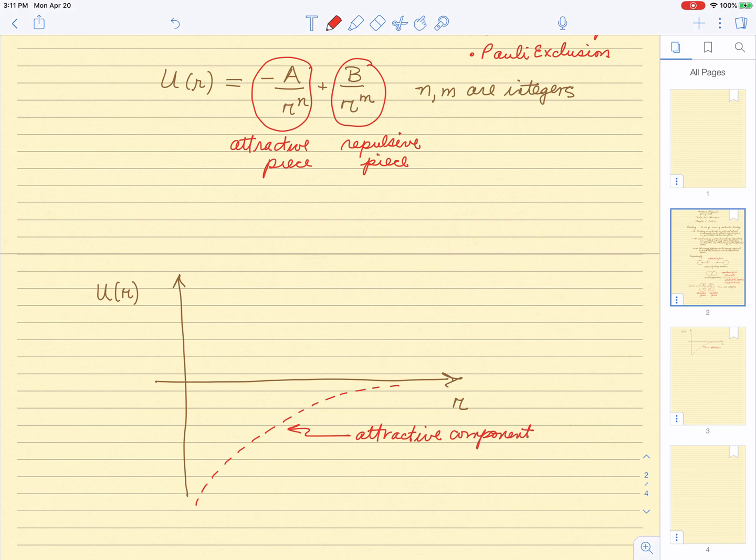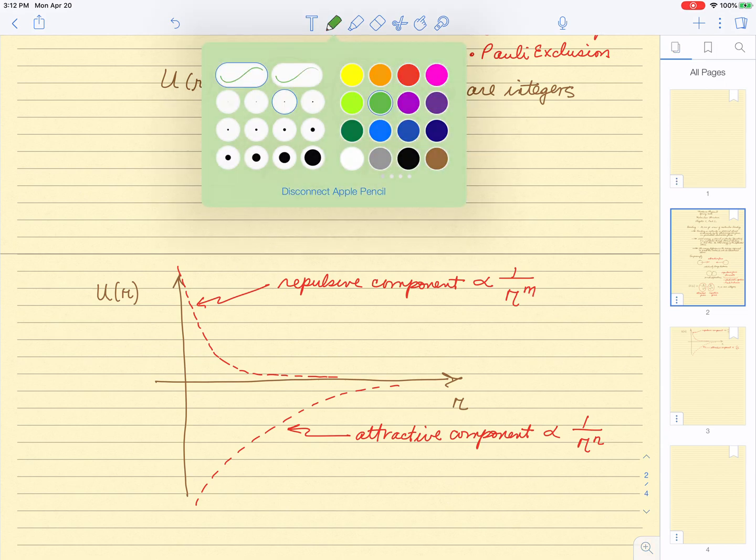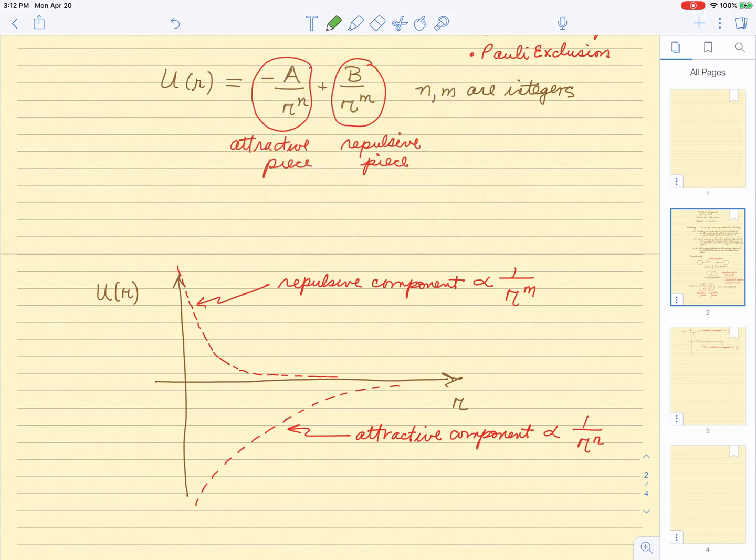The attractive component is proportional to 1 over R to the N. And we have the repulsive component, and that's proportional to 1 over R to the M. And if we look at the sum of these, then what we get is something that looks like this.